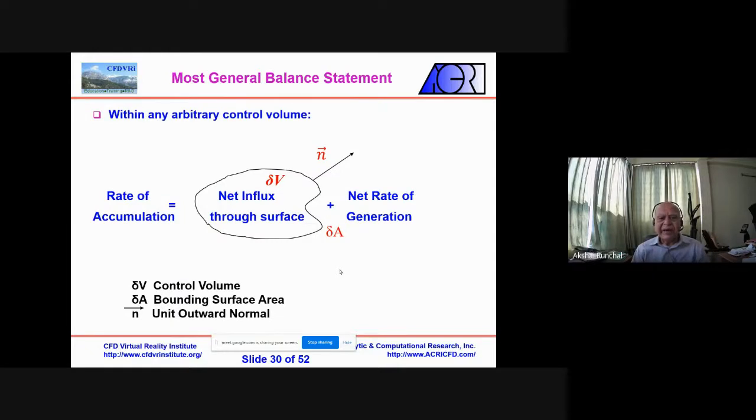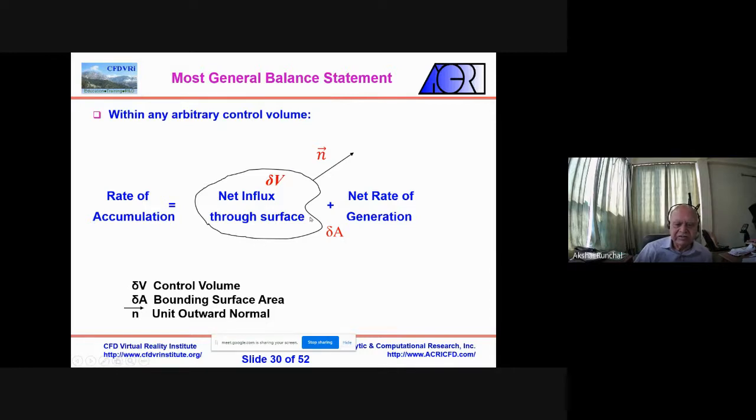So let's look at the balance equation. Let's look at any arbitrary control volume. I'm going to show you a very simple way. It's no different than keeping your bank balance. You have a given arbitrary volume, and it has a surface; it's bound by a continuous surface. That's the important thing.